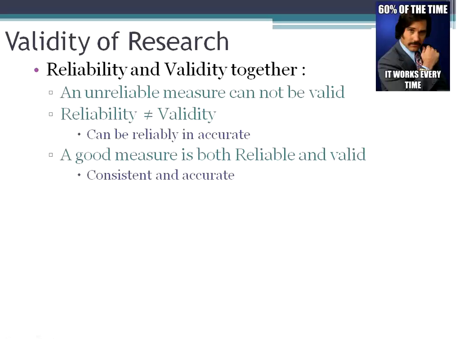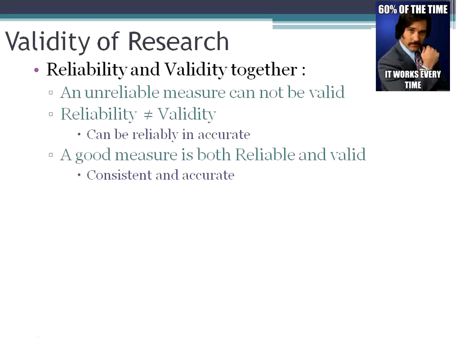I get back off and get on another 5 minutes later, it still says 100 pounds. That is a very reliable scale. It's giving me the same reading every single time I'm using it. But I do not weigh 100 pounds. I'm more in the neighborhood of 200 pounds, right? So it's not an accurate measure. It's not valid. So something can be reliable, but not valid. Ideally, we want measures that are both reliable and valid.